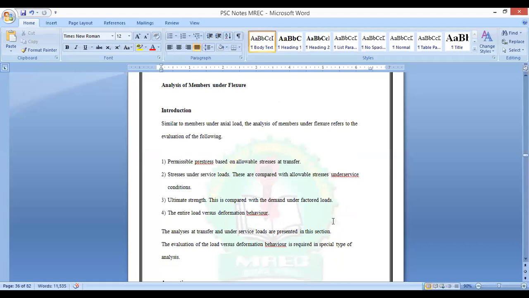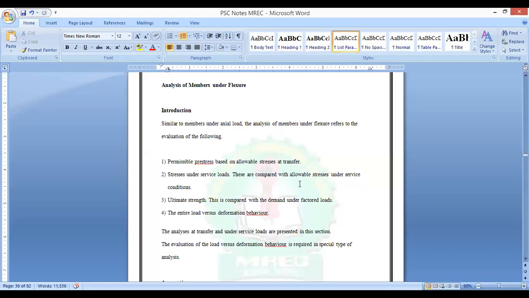And the second one is the calculation of stresses under service loads. What do we mean by service loads? Service loads are nothing but working loads, and working loads are nothing but allowable loads. So these are compared with the allowable stresses under service conditions. This is also something we are going to evaluate in the analysis of members under flexure.